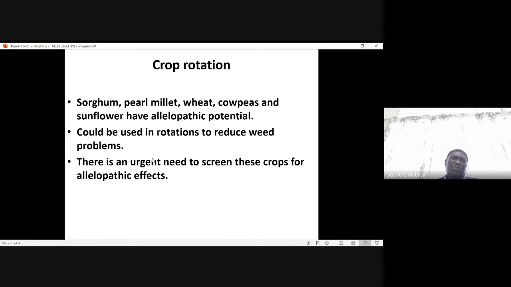Probably we should do this under conservation agriculture, where there's a potential to have a lot of weeds. But we need to screen these crops so that we get the best candidates to deploy in crop rotation.